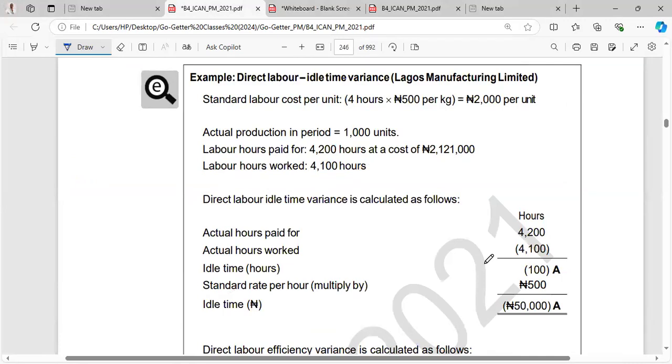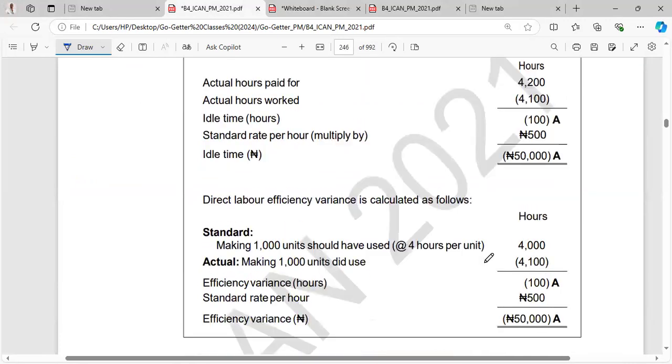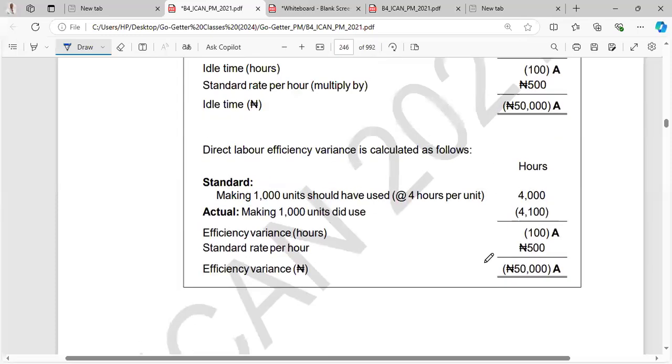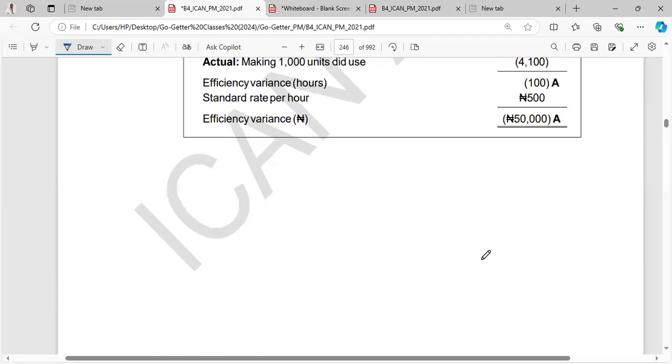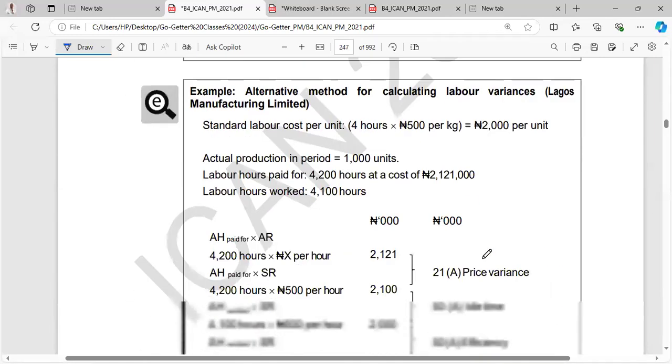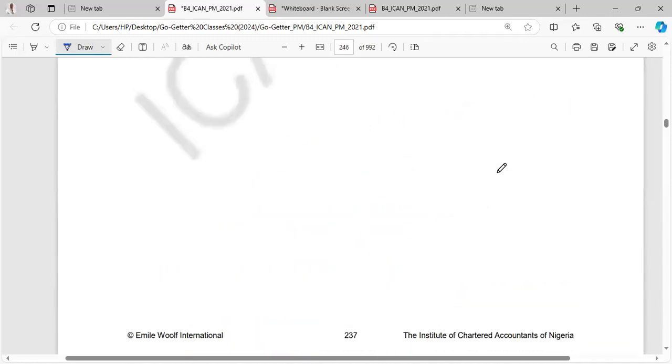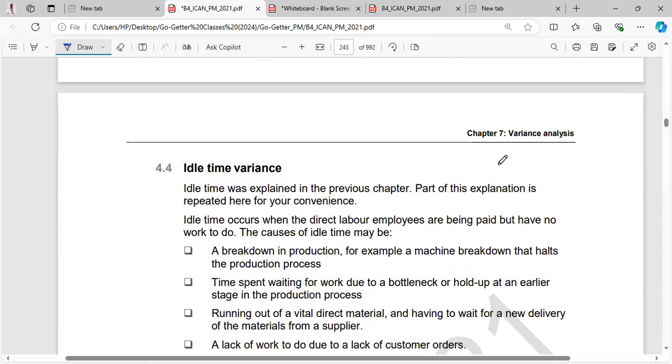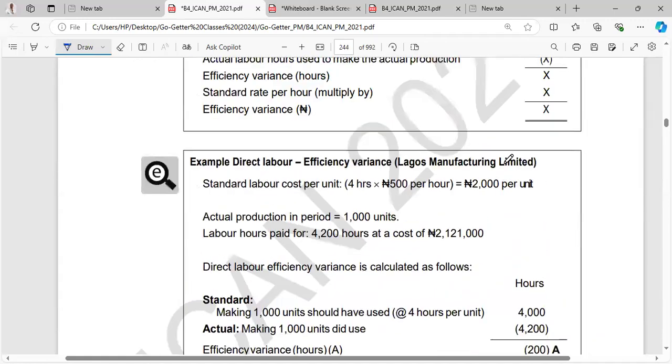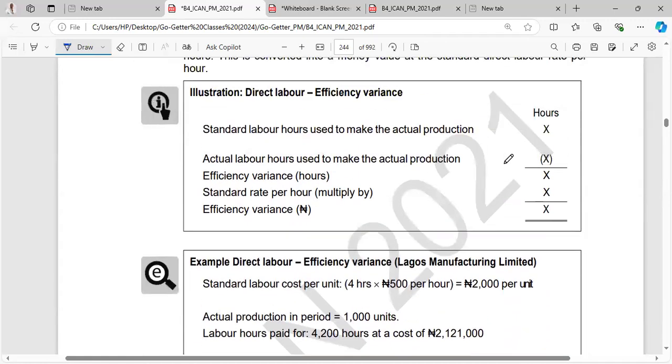Okay, they did idle time variance. Okay, we're going to get back to that, and efficiency variance. Okay, we'll go back to that. So let's see what was done here. This is efficiency.